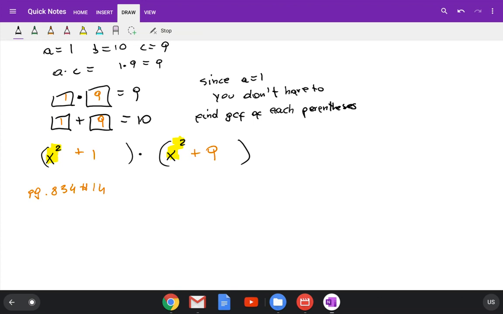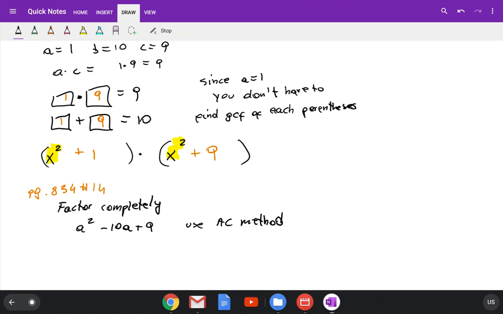Factor completely. Okay. So you have a squared minus 10a plus 9. So here you're going to use AC method also.